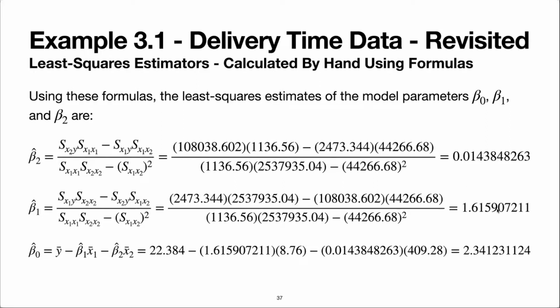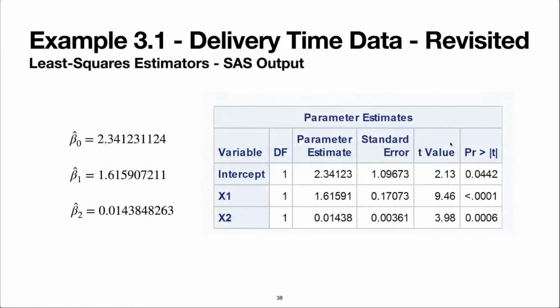And then I plug those values into this formula for beta 0 hat, and I end up getting 2.341231124.